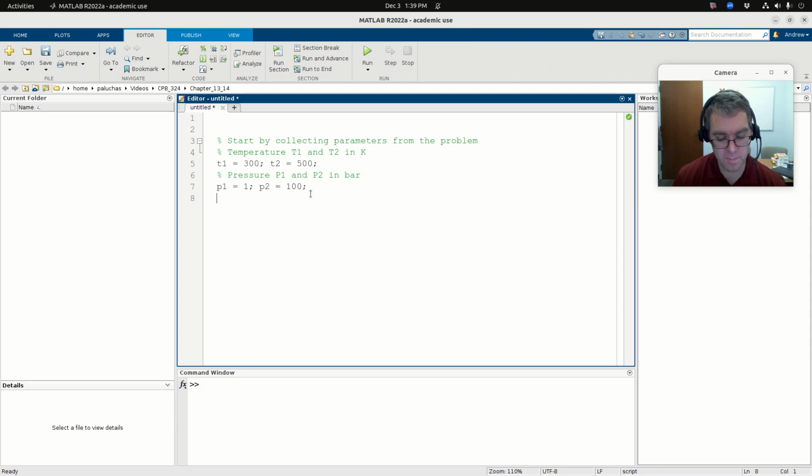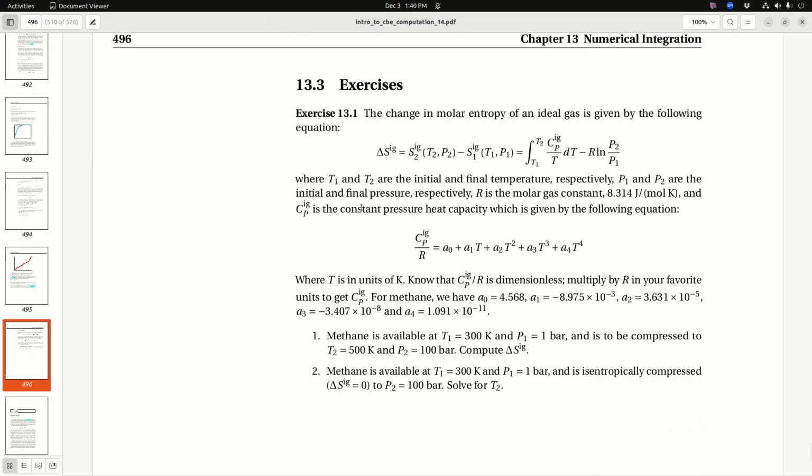Great. Let me get my molar gas constant in joules per mole Kelvin, so in SI units, and R was 8.314. Let me get my constants for my heat capacity.